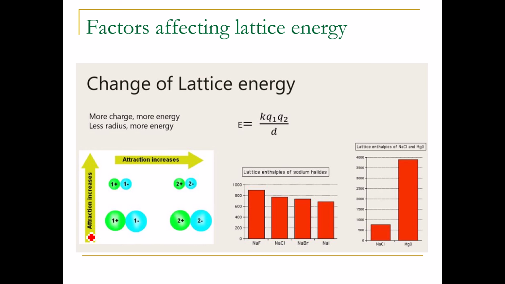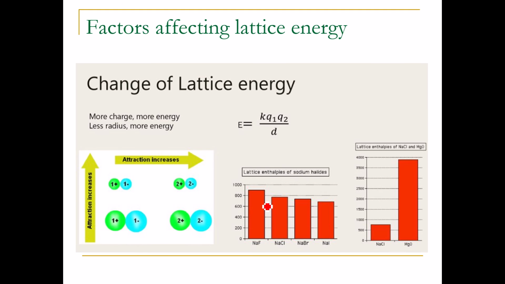All right. Attraction also increases as the atoms are able to get closer together. They can get closer together when they have smaller radii. So the smaller the radii of the ions, the closer they get together, the greater the lattice energy. So on our fraction over here, the smaller this bottom part is, the larger the energy is.